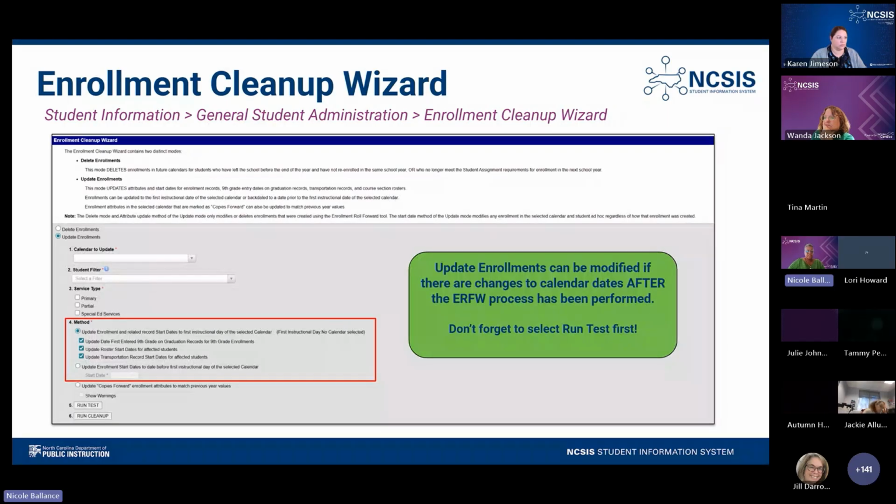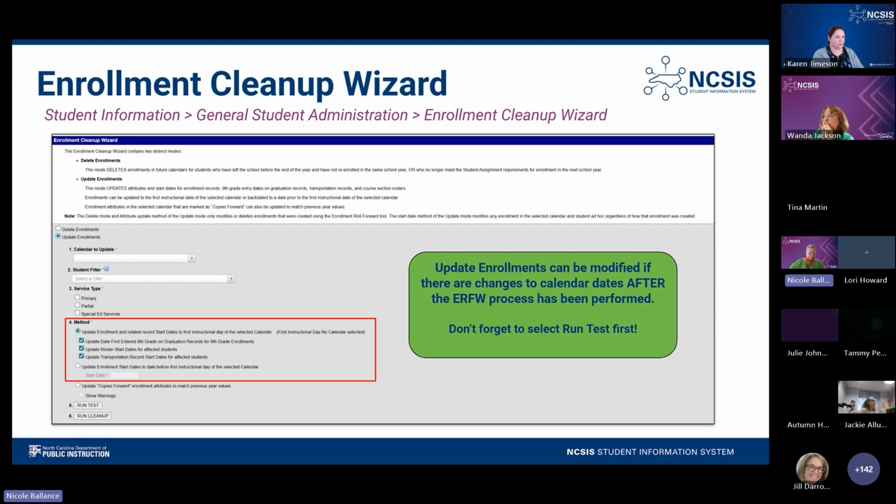Also, let's say, for example, you need to do some updates to some enrollments. Specifically, let's say there has been some discussion with your PSU regarding your calendar. You may have a tentative date for the first day of school, but as further conversations continue to occur, the date of the calendar for the first day of school may change.